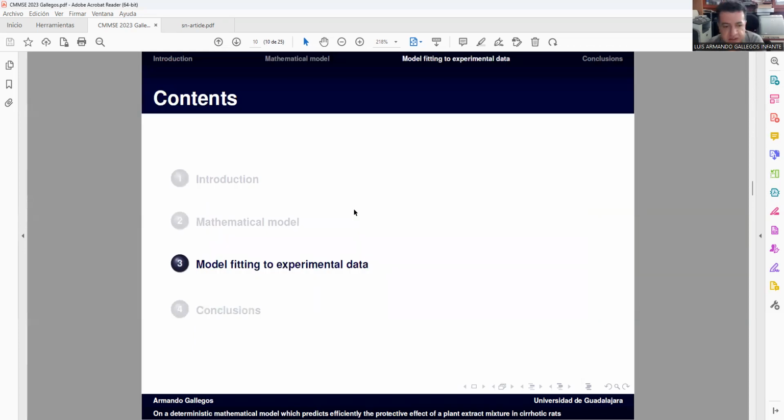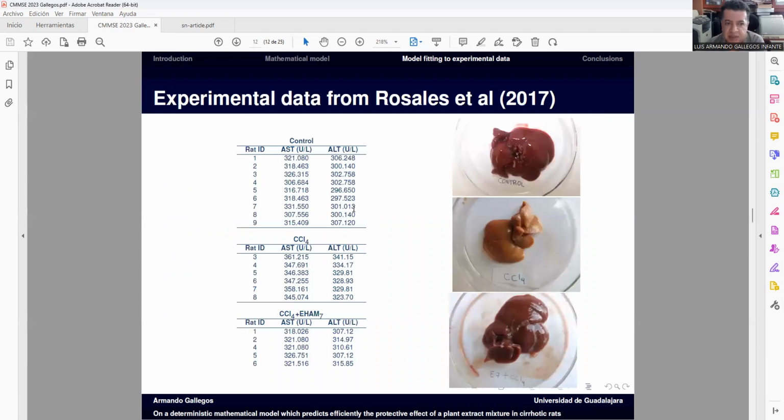Okay, talking about the model fitting and the experimental data. The experimental data were taken from this reference. Of course, this reference comes from the biology group. The first group contains the control rats.